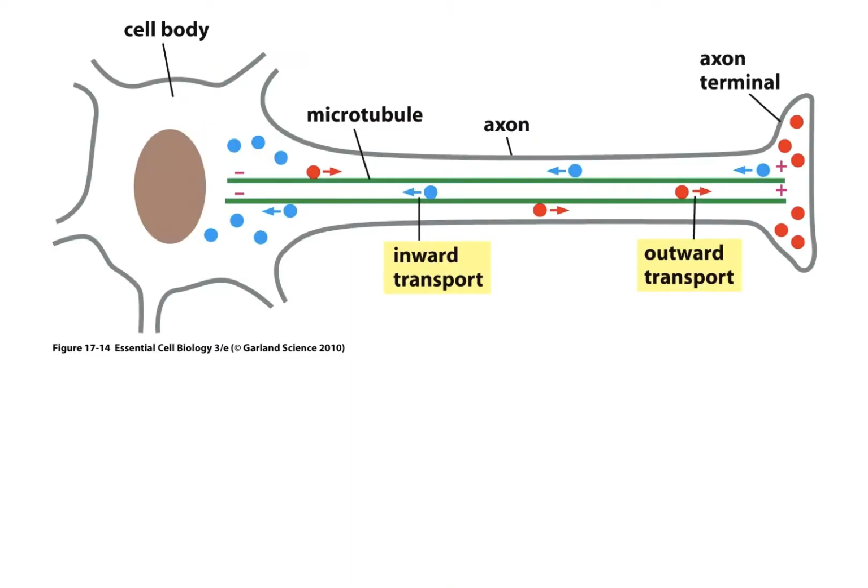Not only do these help to form the structure of those very long cells, the axons, but they provide a sort of highway for transport of different vesicles, different chemicals, things like that.